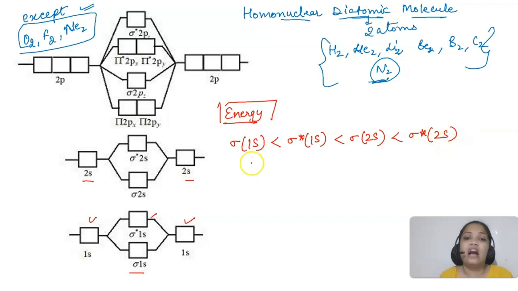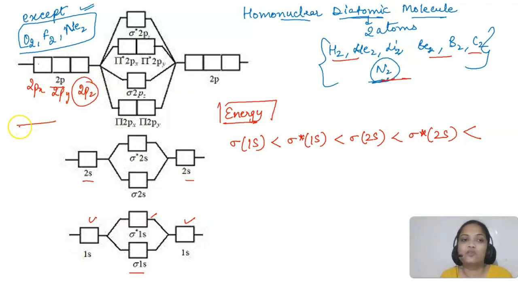This is the level. After that, for these atoms, hydrogen, helium, lithium, up to nitrogen, now the 2p orbitals will combine. 2p has 2px, 2py and 2pz. I told you we are taking the internuclear axis along the z axis. So 2pz will form a sigma bond, whereas 2px and 2py will form pi bonds. Keep that in mind.